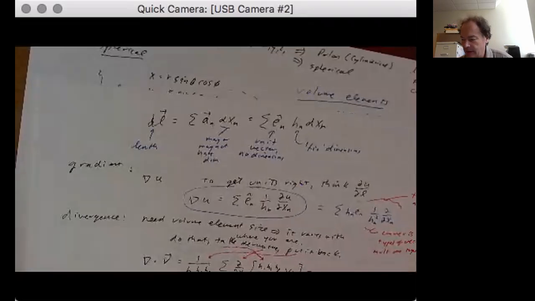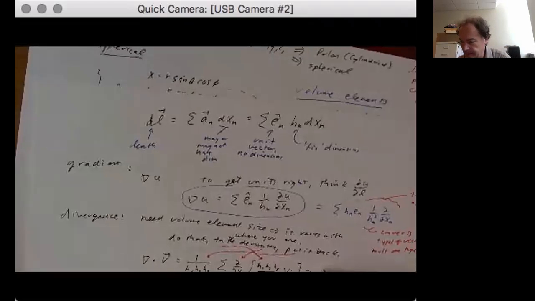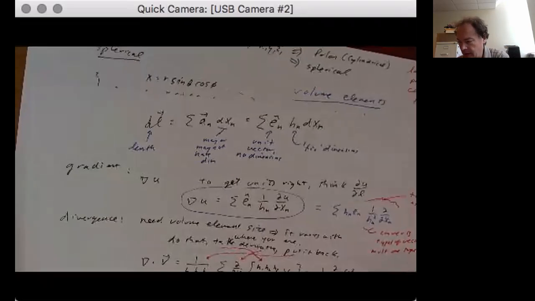In spherical, which we'll use more than cylindrical in optics, so I use that one, you end up with 1 over r squared partial r of r squared v sub r, plus 1 over r sine theta partial theta of sine theta v theta.